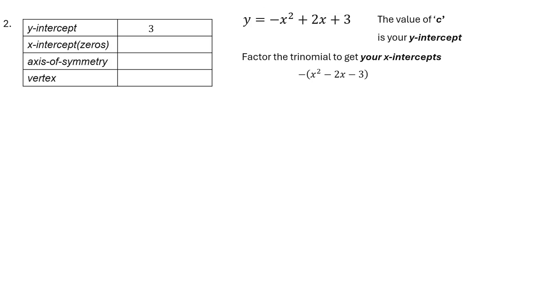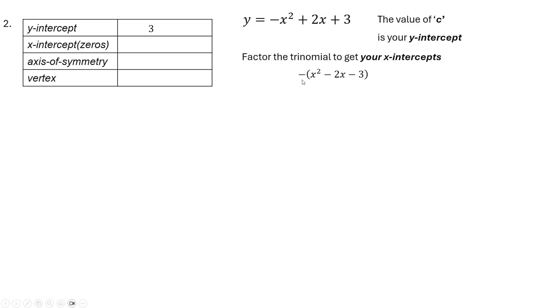Now, this -x squared can be a little bit problematic when we're trying to factor a trinomial. So what we do is we take a common factor of -1, or -1 is kind of implied right here, and we put it right at the front, and then we factor the rest of the equation. So -x squared becomes negative bracket x squared minus 2x minus 3.